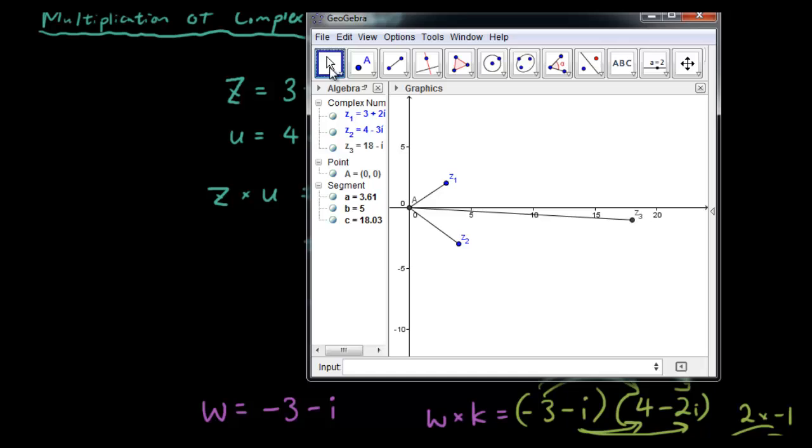Now let's get their angles. If I draw an angle from z1, the line that z1 creates with the origin, let's draw an angle between that line and the x-axis. I'm just going to put a point on the x-axis to make that angle a bit easier.